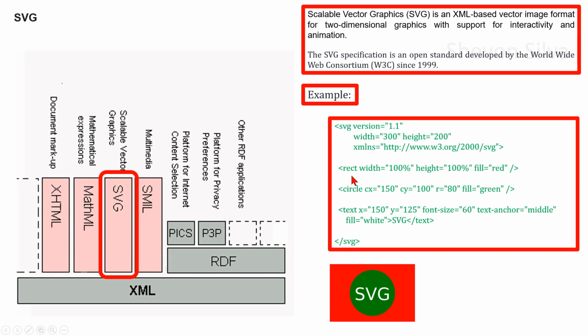The green circle, with a radius of 8 pixels, is drawn atop the red rectangle, with the center of the circle offset 150 pixels to the right and 100 pixels downward from the top left corner.